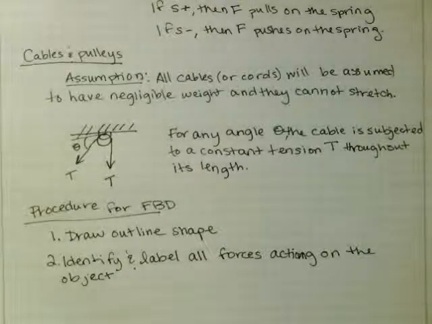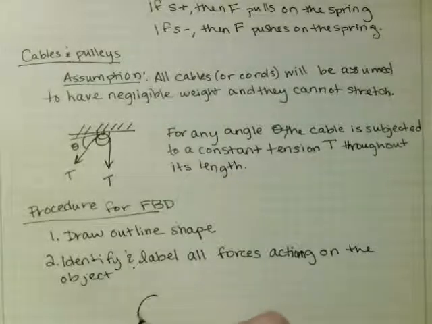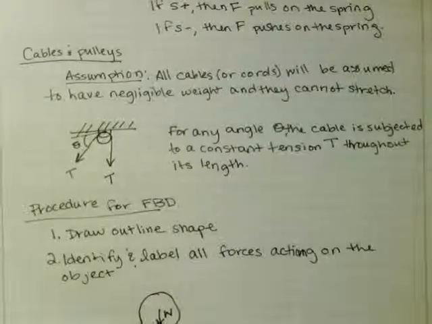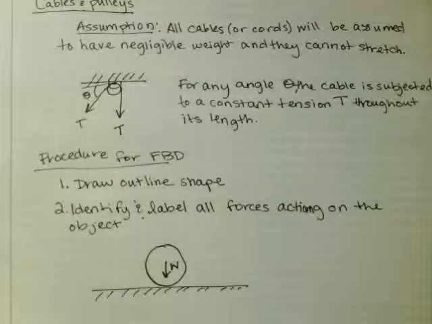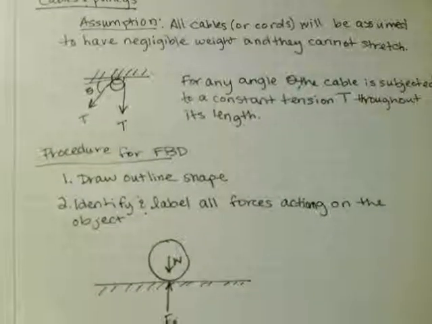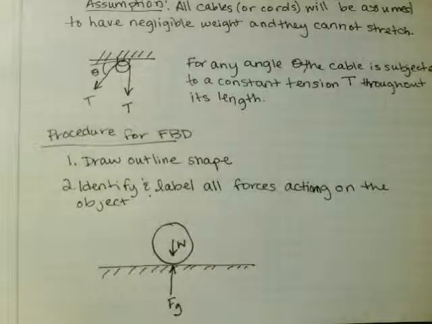So we have our surface, and we've got a wheel. The weight would act through the center of the object, and then the force from the ground would act up, just like that.